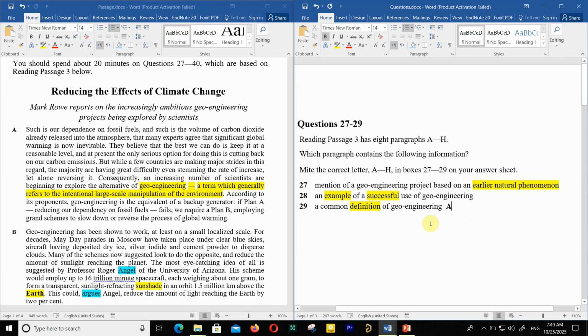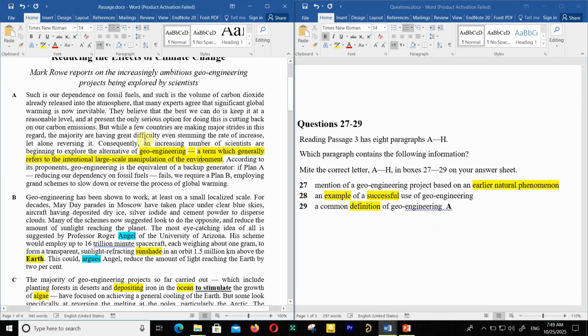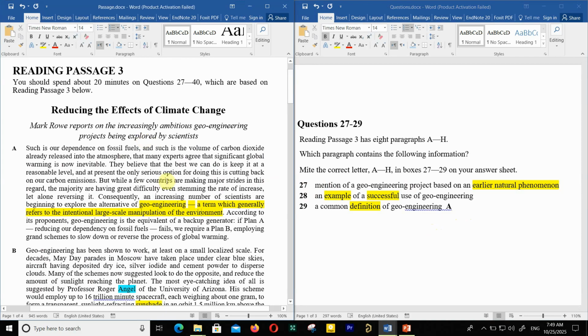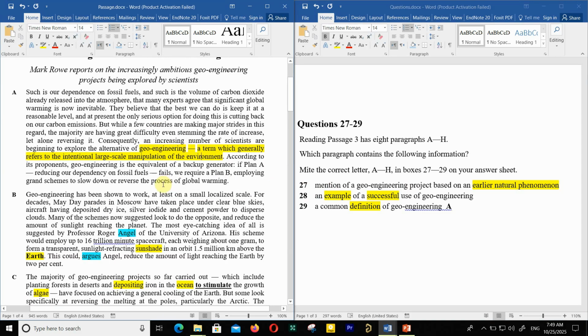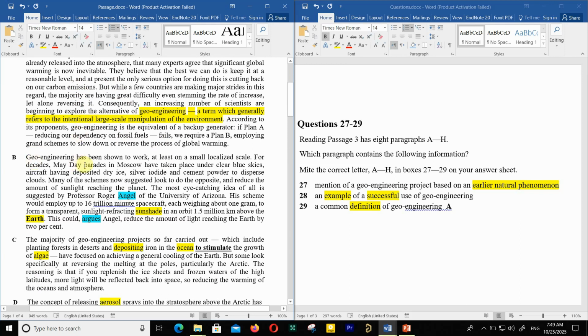Now you are left with just 2 questions, 27 and 28. So maybe just read the first sentences of each paragraph because your time is limited. Maybe that's a good one to answer. Geoengineering has been shown to work, at least on a small localized scale.